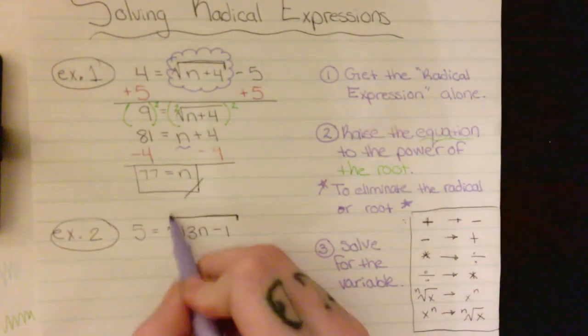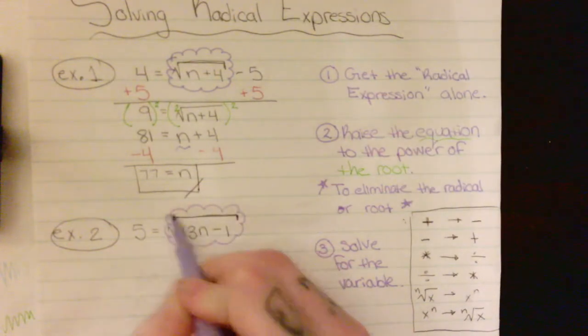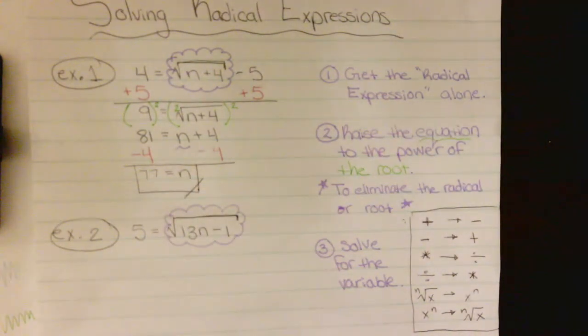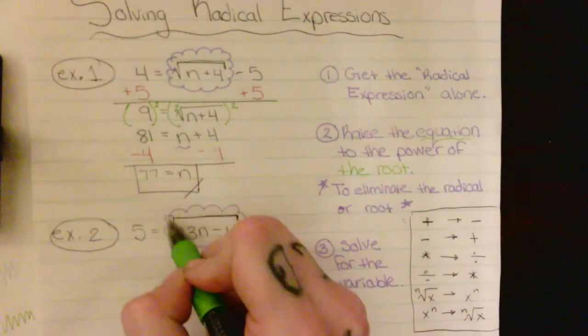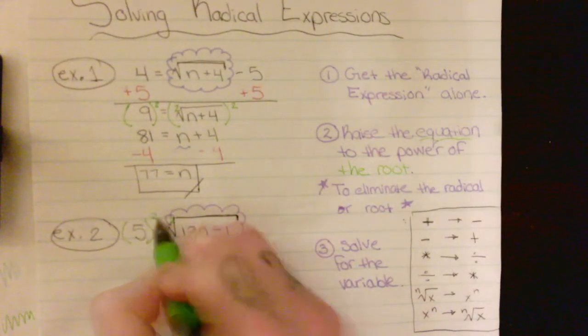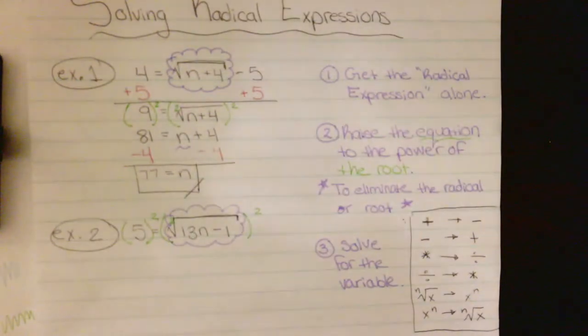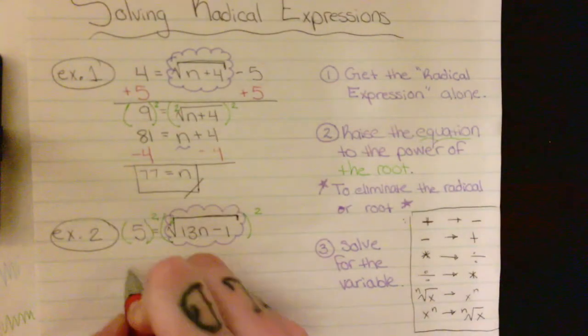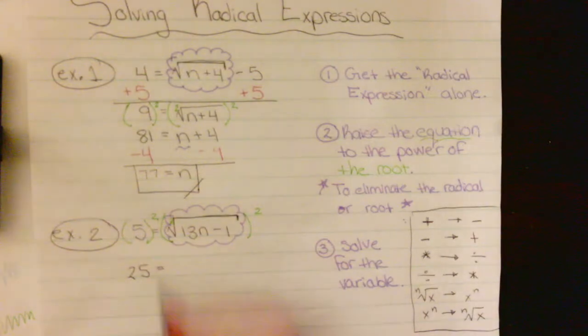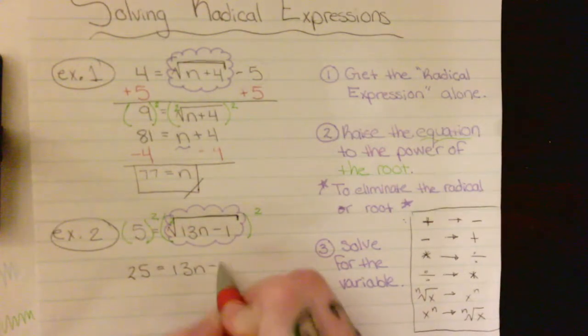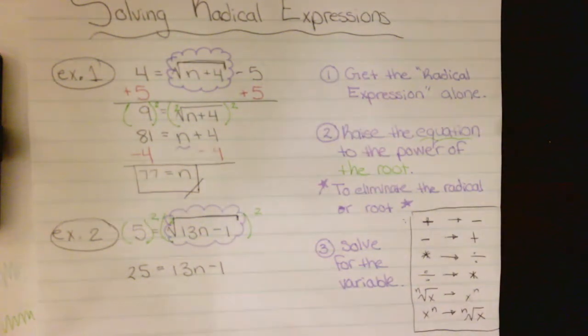Well, here's the radical expression. It's already alone. Now it says raise the whole equation to the power of the root. This is a square root, so I'm going to square 5, and I'm going to square the whole expression. On the left, I've got 5 squared, well, that's just 25. On the right, I'm left with the radicand. And lastly, I'm just solving for the variable.